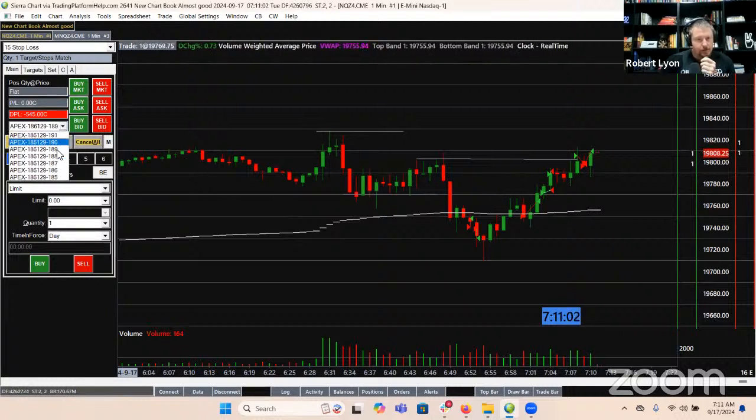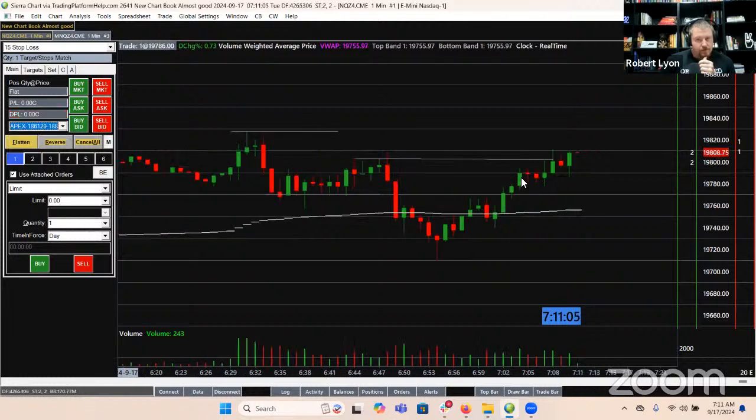So then do another one. Going long looks like the play at the moment, but I wouldn't enter just yet unless you're confident.